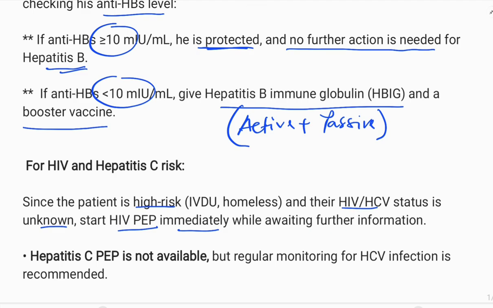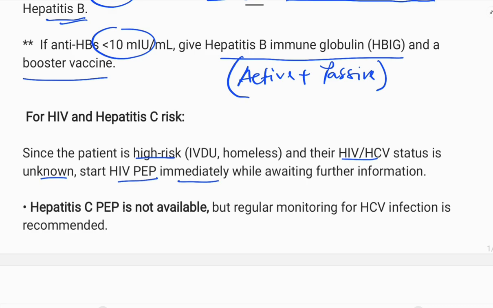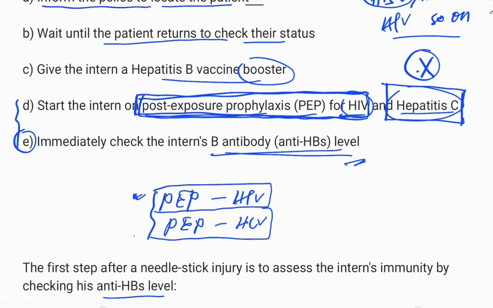That means we can start the PEP for HIV, but hepatitis C PEP is not available and it is not recommended. But regular monitoring for HCV infection is recommended. So as a whole, we cannot go for option D, rather we can go for option E.